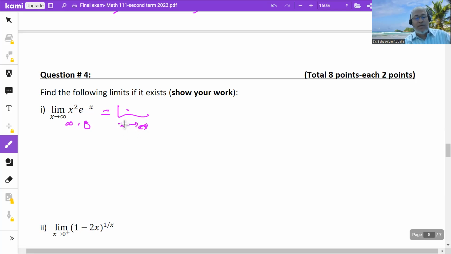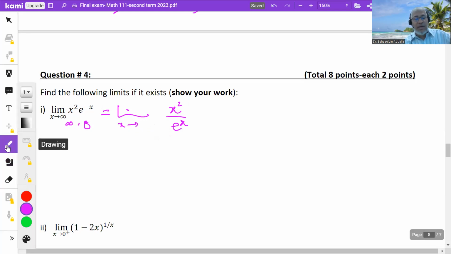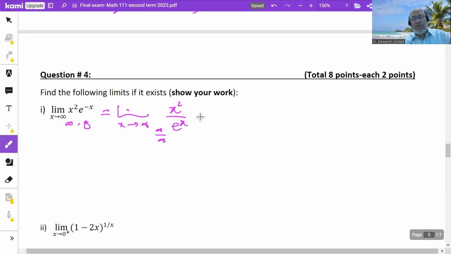So I have to write it, bring one of the functions down. Well, e to the power negative x, I can just bring it down and write it e to the power x. And now when I replace x by infinity again, I'll have infinity over e to the power infinity, which is infinity. So I can use now L'Hopital's rule and find the derivative of x squared, and that's 2x.